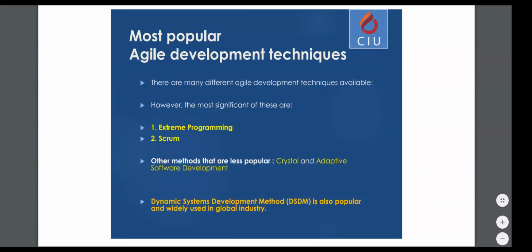It's less compared to before, because as time passed, new development methodologies and new management strategies developed. Scrum is still popular, still being used though, and you will come across it quite often. And there are some other less used practices, but still they are there, such as Crystal, adaptive software development, another popular one, and DSDM, a popular, widely used global industry agile development technique.